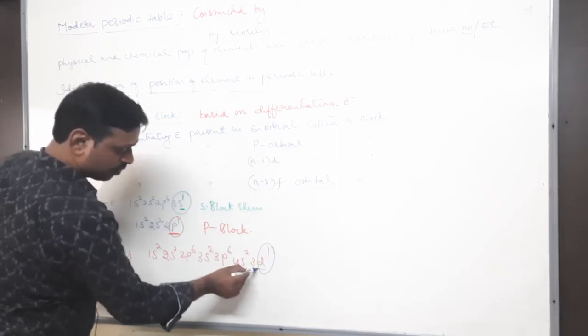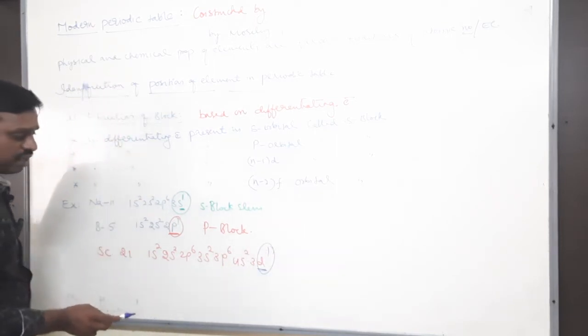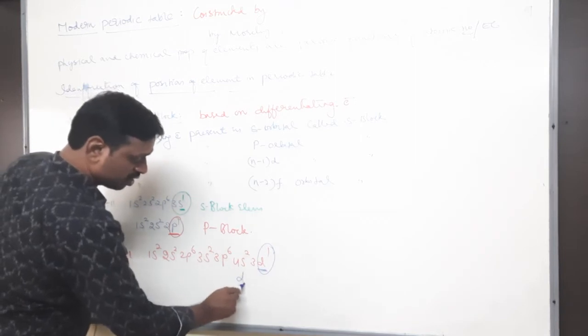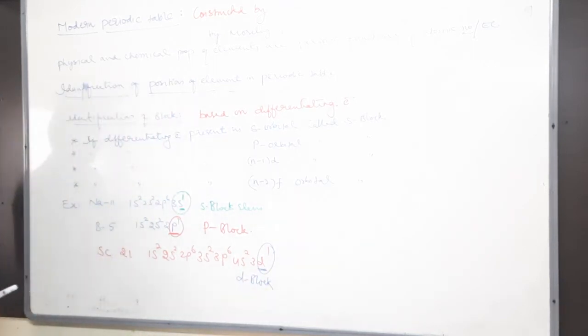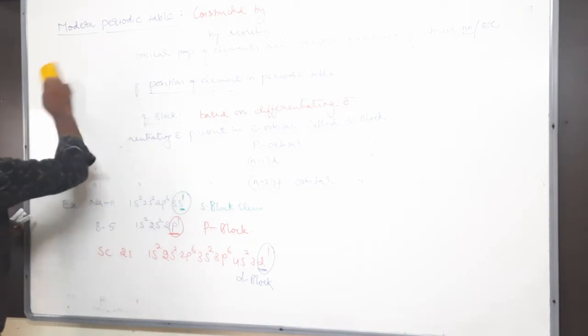So the differentiating electron is present in d orbital. Therefore it is a d block element. Like that you can identify which block the given element belongs to, based on the differentiating electron. In this way you can identify the block. Next is identification of period.